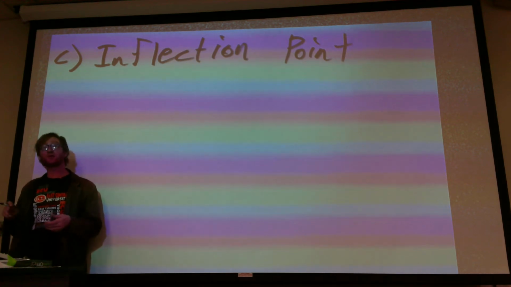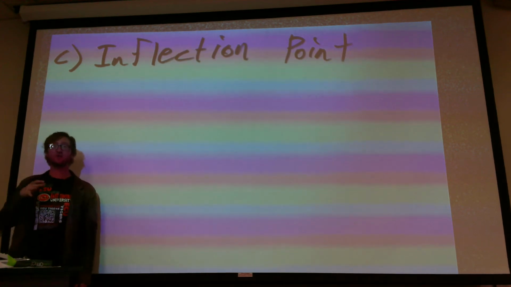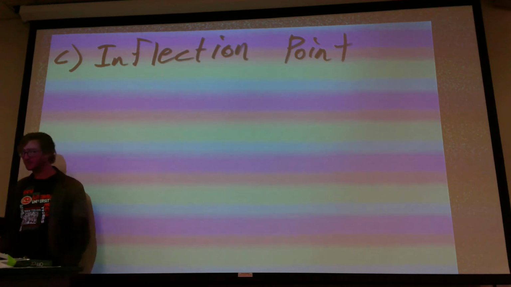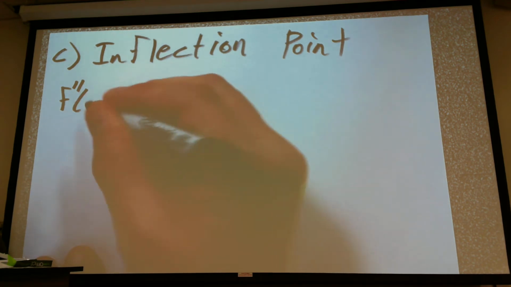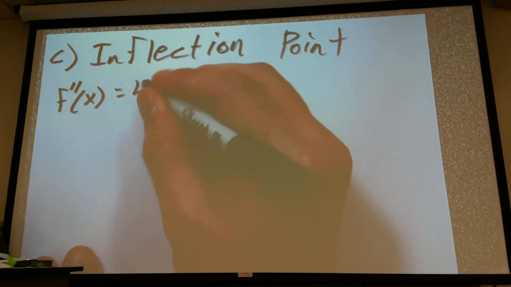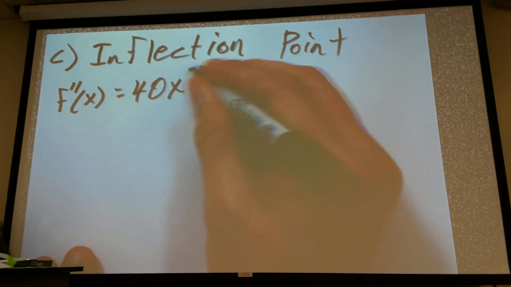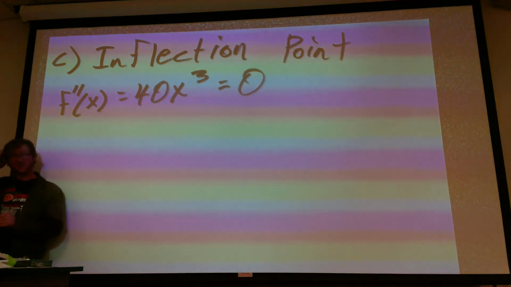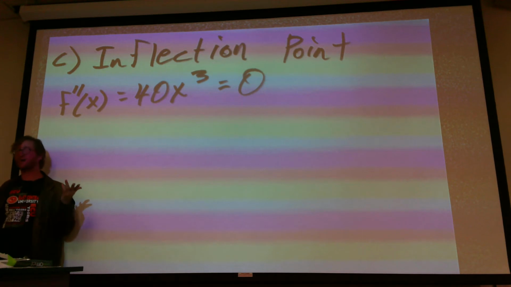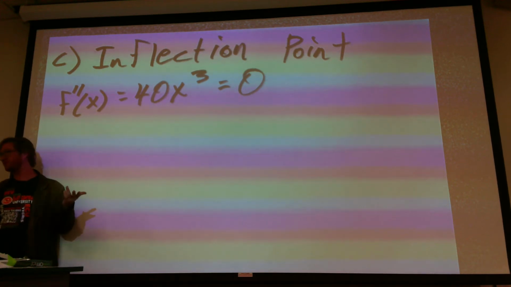And so what we're going to do is take the second derivative, that describes the concavity, and set the second derivative equal to 0. Okay, so f double prime of x, which equals 40x cubed, we're going to set that equal to 0. Well, if you divide it by 40, it's still x cubed, which equals 0. If you take the cube root of both sides, cube root of 0 is still 0.